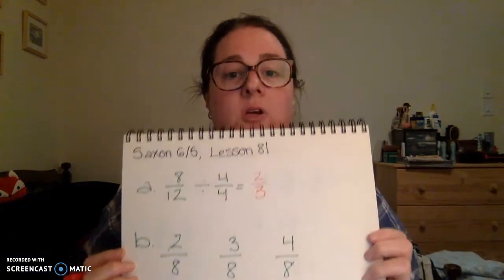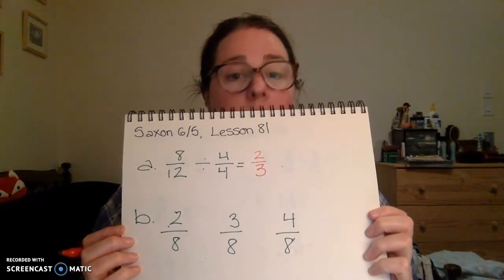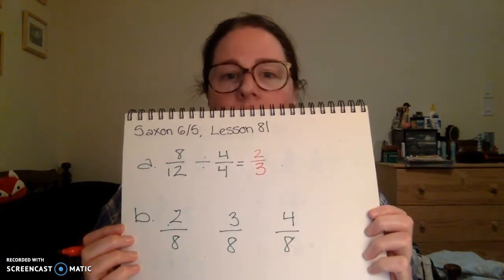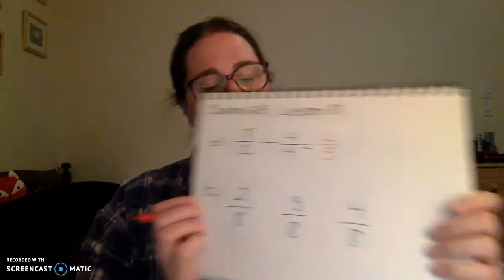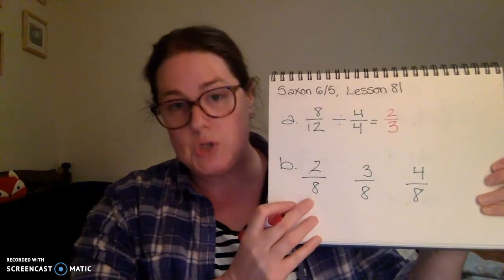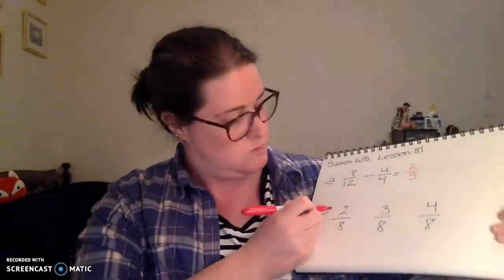B is asking which of these fractions cannot be reduced. Okay, so we have 2/8, 3/8, and 4/8. Both 2 and 8 can be divided by 2, so this fraction can be reduced.